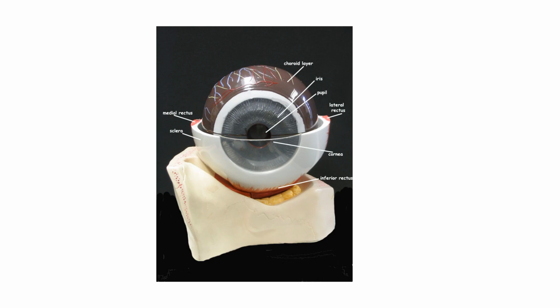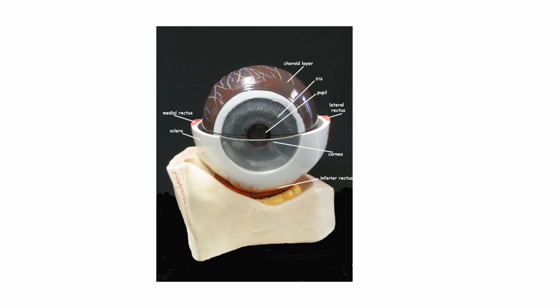This clear region right here, outer region, is the cornea. This white portion here on the sides, the white of your eyes, is the sclera. Together, the cornea and sclera create your fibrous tunic. Again, the hole in the middle is the pupil, and this structure here, the colored part of your eye, is the iris.